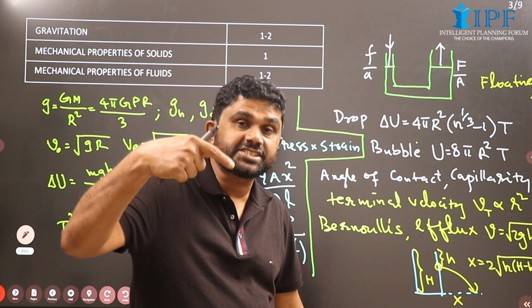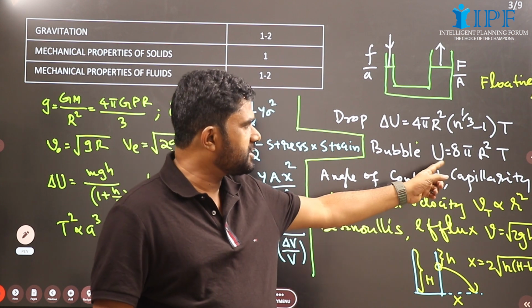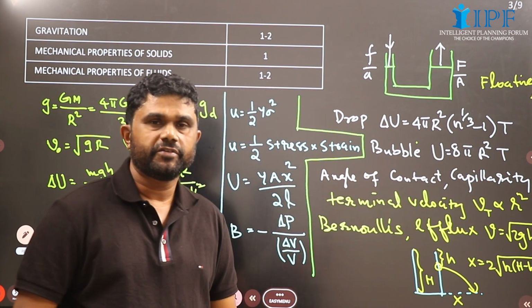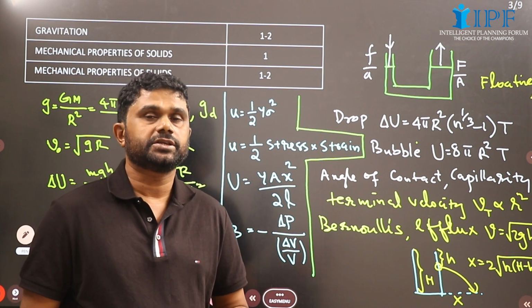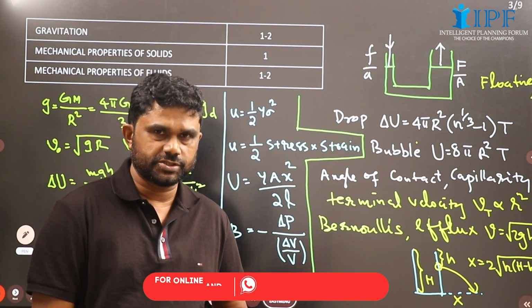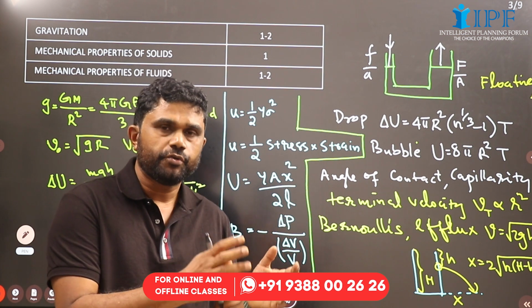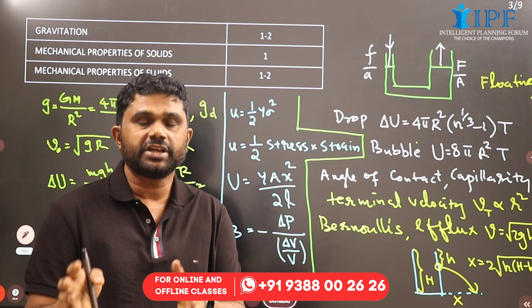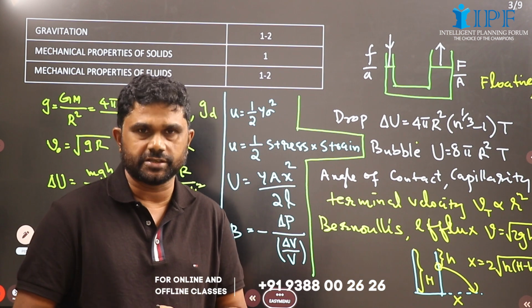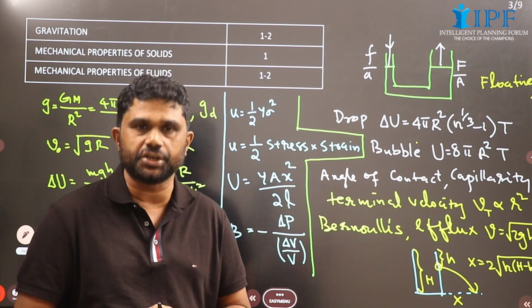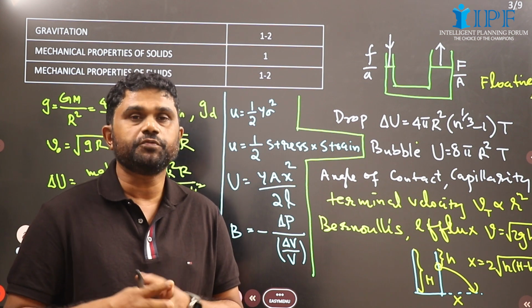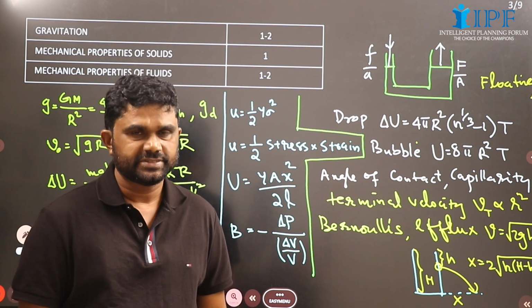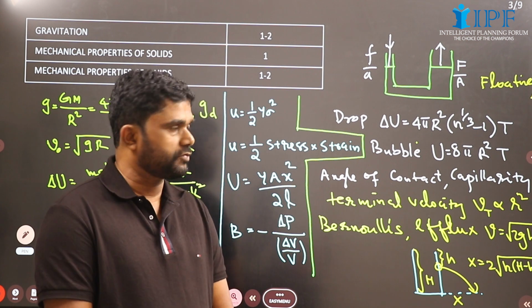When the radius is doubled, as this potential energy is proportional to r², the potential energy will become 4 times. Initially U, finally it will be 4U. Then what is the work done? It is the change in energy. 4U minus U, that is 3U. U is 8πr²T, so 3U will be 24πr²T. That is the work required to double the radius of a bubble.